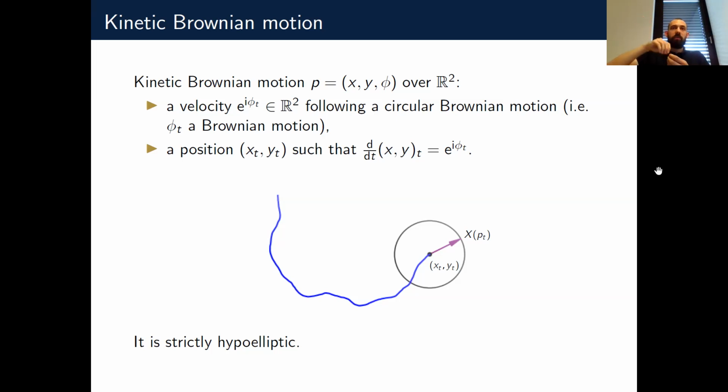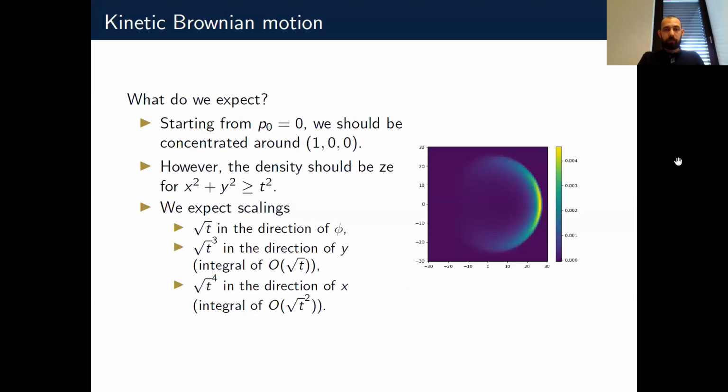If you start from a point, the density is going to be along a line, so it's not going to be smooth, and there's nothing to be said. It's just going to be Gaussian. So you do need the drift to make it hypoelliptic and to get a smooth density. So this thing at any positive t admits a smooth density. So what do I expect about it?